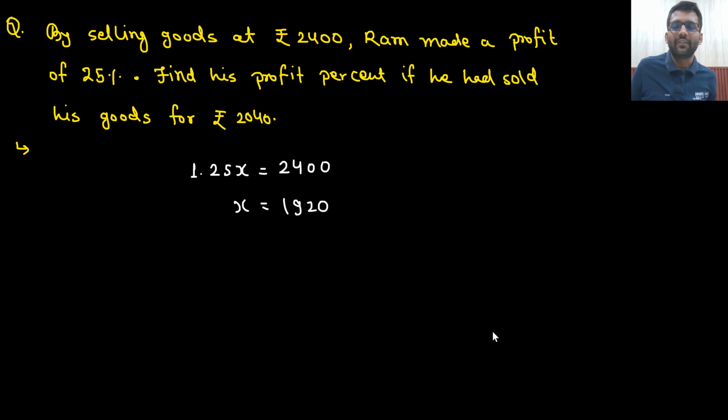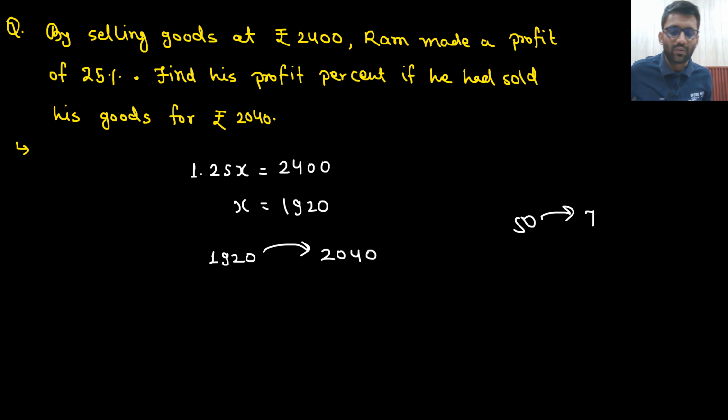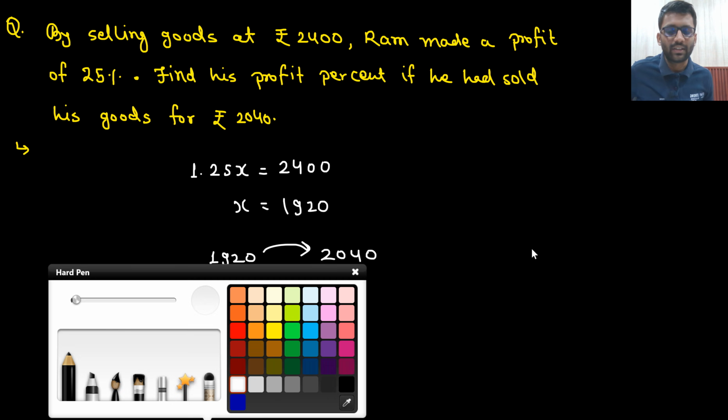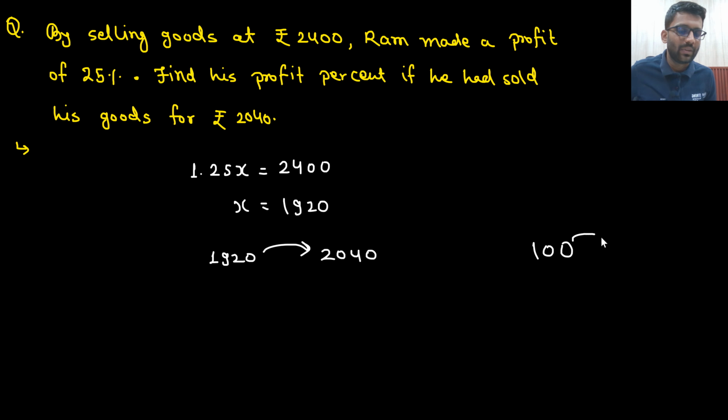Find the profit percent if he had sold his goods at 2040. So he purchased it at 1920, and if he had sold at 2040, what will be the profit percent? Always take the example of 100. I got something in 100 rupees, I sold it in 120 rupees. What was the percentage? 20%.